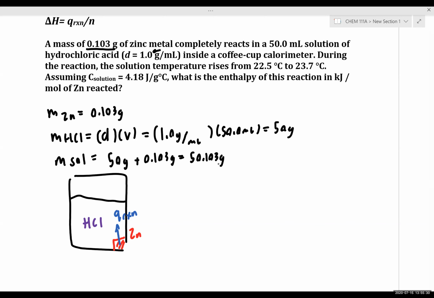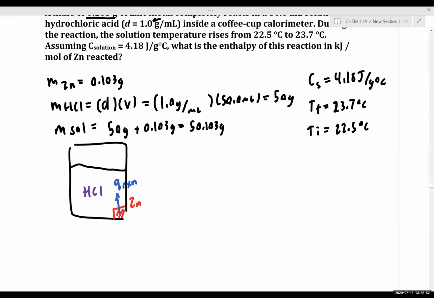Wonderful. So we know the specific heat of our solution is 4.18 joules per gram degrees Celsius. We know our T final is 23.7 degrees Celsius, and our T initial is 22.5 degrees Celsius. So now we have all the information we need to calculate the heat of reaction. The heat of reaction in this case is equal to -Q solution.